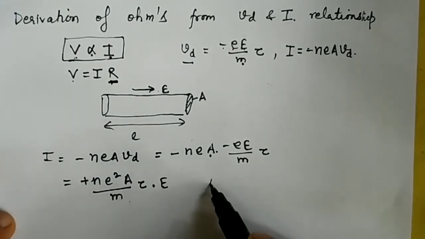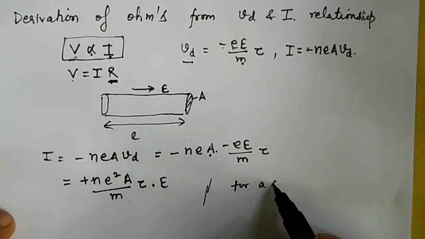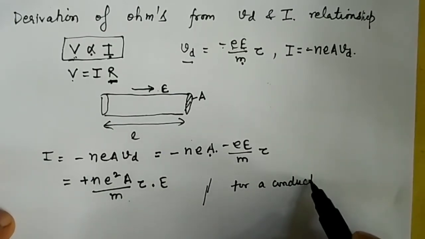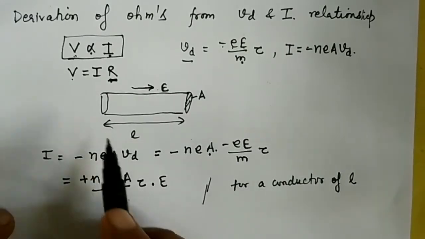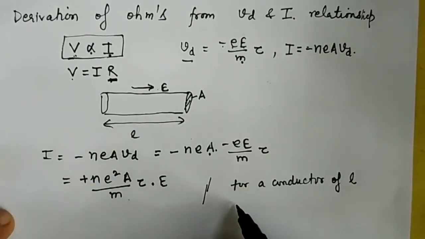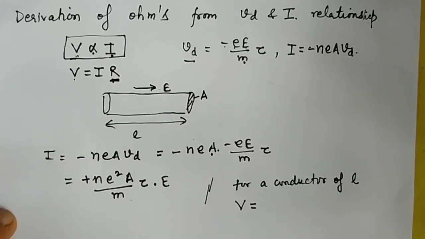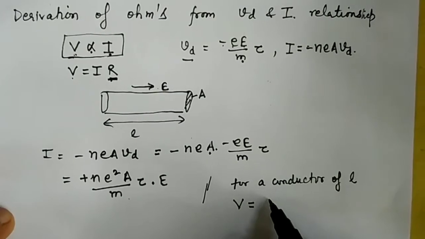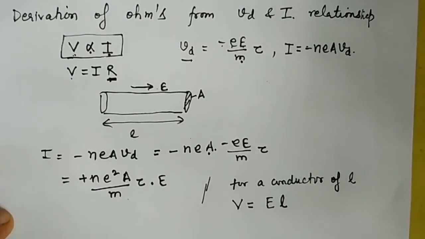So for this particular conductor of length L, the electric potential is equal to the line integral of the electric field E dot dL.